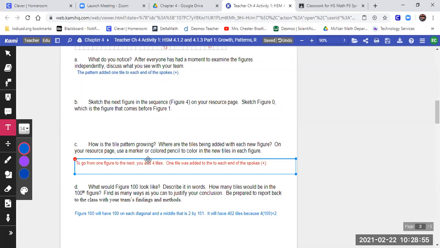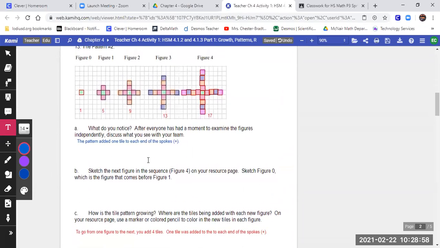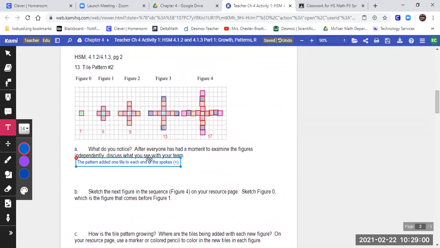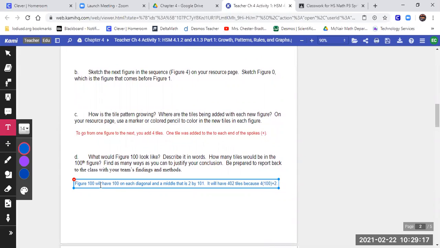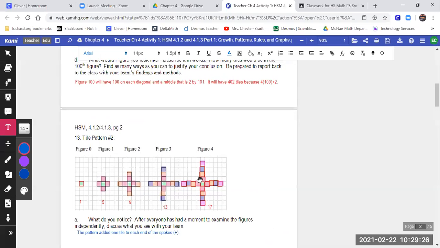So now we have to describe what's going to happen for this one's figure 100. Okay, so let's look at what's happening on each spoke. We started with a center and then we went 1 around figure 1, 2 around figure 2, 3 around figure 3, 4 around figure 4. How many is going to be on each spoke, each leg of the plus sign, for this one?